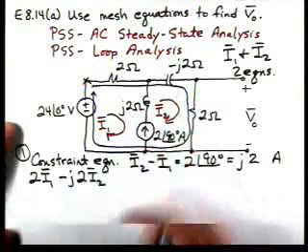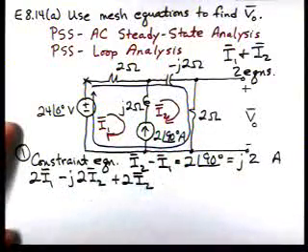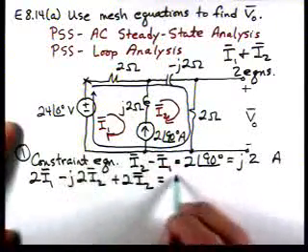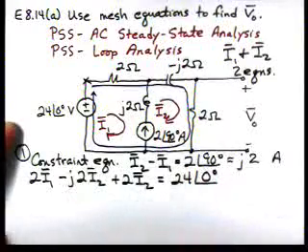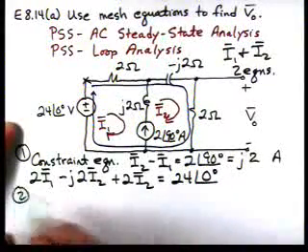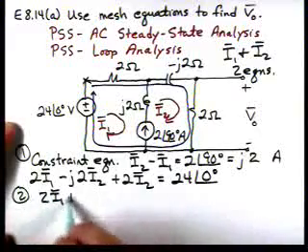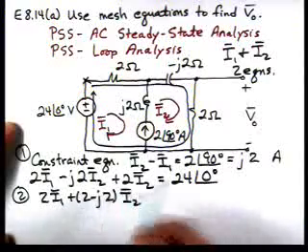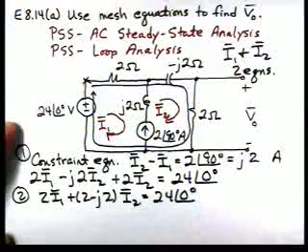So we come on around, we'll have 2 times I2, and that'll be equal to 24 at an angle of 0. So our second equation then will be 2I1 plus (2 minus j2) I2 equal to 24 at an angle of 0. So there are our two equations.